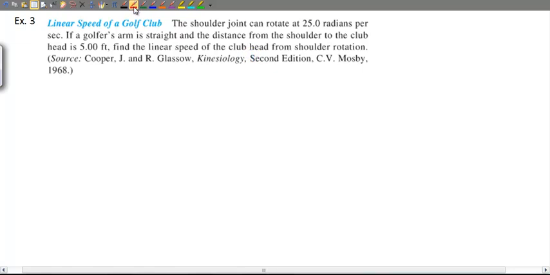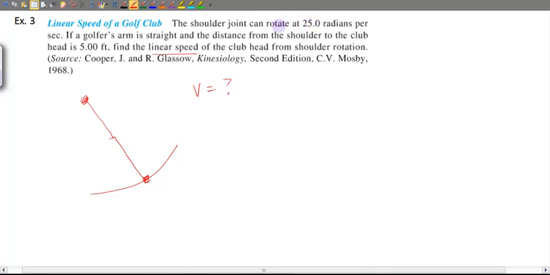So just to kind of help you visualize what's happening here. Here's my shoulder joint, here's my arm, and here is the club head all the way down here. So the club head is making some sort of rotation, okay? And it's rotating at a linear speed, right? It has a linear speed, and that's ultimately what we are trying to find.